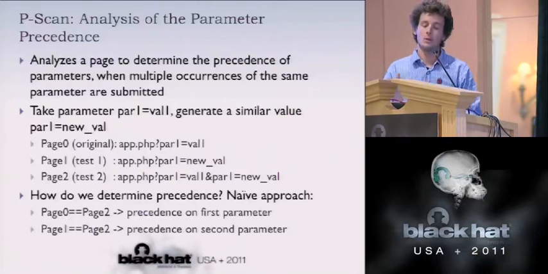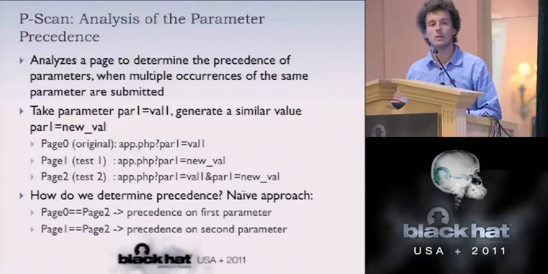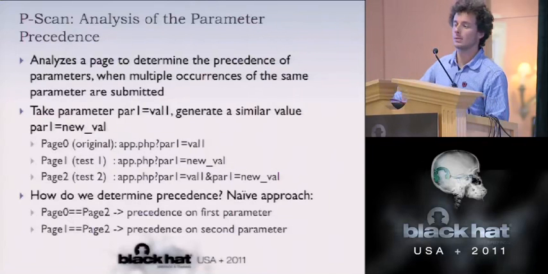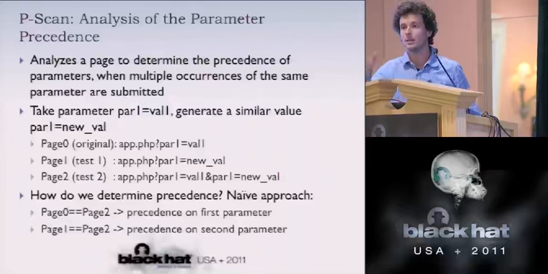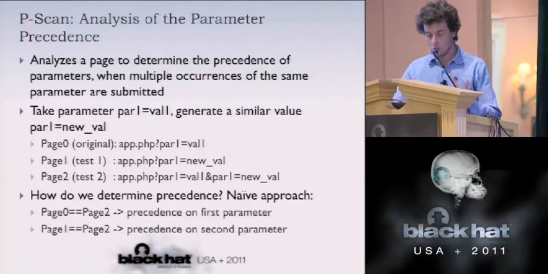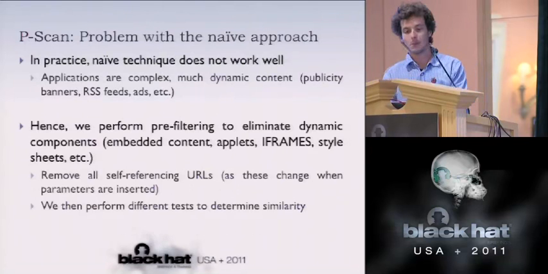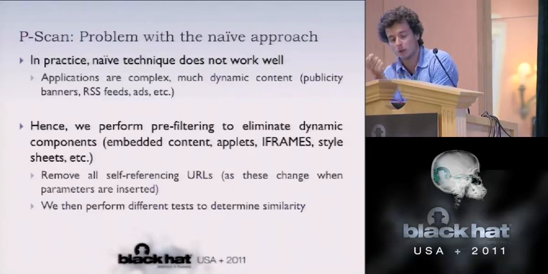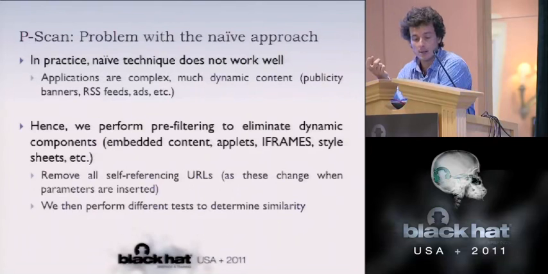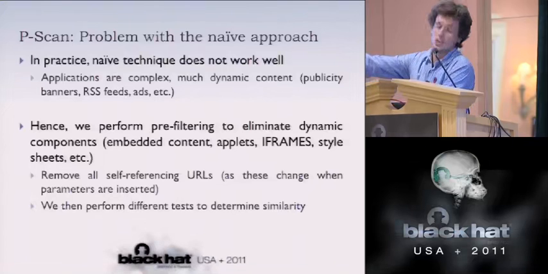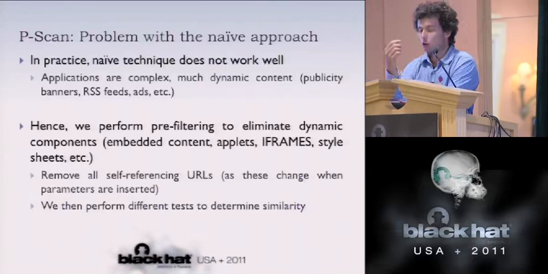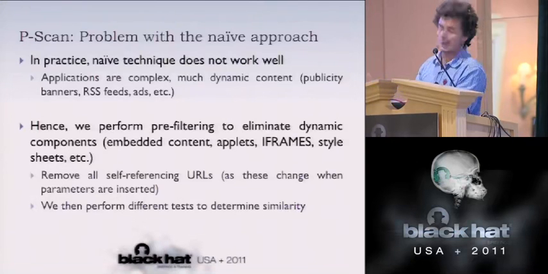Or maybe it will tell you your search has been served in 1 second, and the second time, since the web server was busy, it would tell you the search has been served in 1.5 seconds. So the problem is that this naive technique does not work well because the applications are complex and have a lot of dynamic content, such as advertisement. Even if you request the same page multiple times, the advertisement can change, as it is random. So how can you compare the pages?